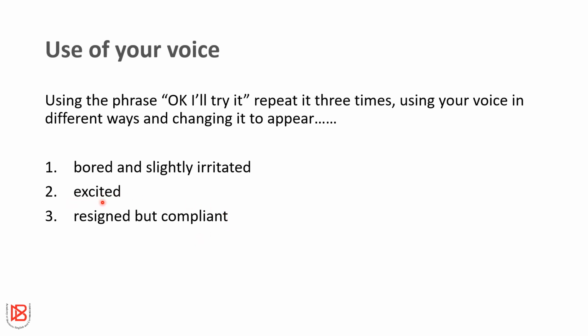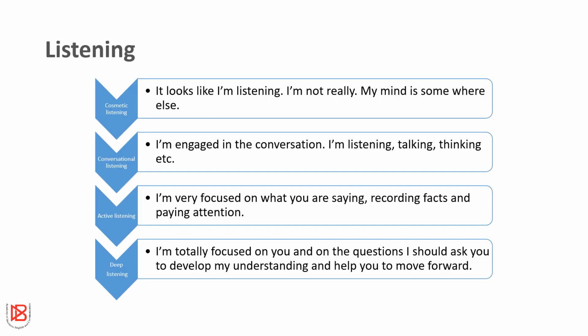The second voice was all about excitement. Okay, I'll try it. Definitely, why not? But the third one, okay, I will try it, was bored and slightly irritated, as if it has been repeatedly done and you have been corrected time and again. So resigned and complaining, excited, bored and slightly irritated. Remember, I have used a single phrase, but only the intonation has changed, and it came out with a different meaning every time I spoke it.